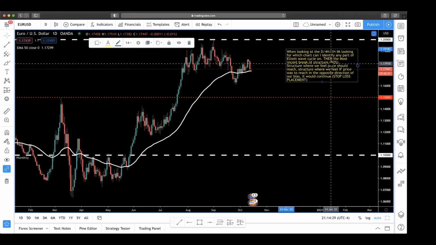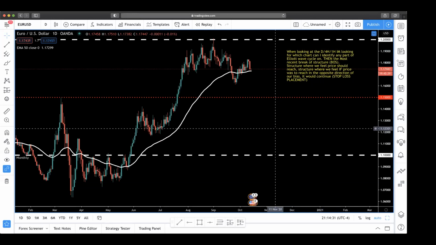And again, guys, what I'm looking for, I look at the daily, the 4 hour and the 1 hour time frame every time. Every single time I look at a chart. The reason is because you're not going to find a trade every single time on the same time frame. So you check each of those out every time.